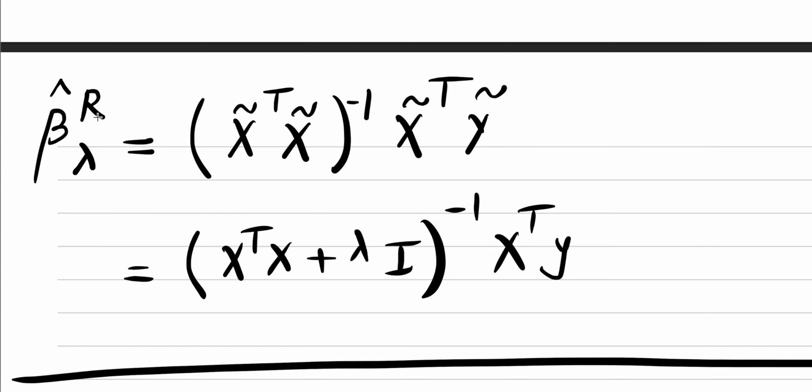So the ridge regression coefficient estimate beta hat is X transpose X plus lambda I inverse X transpose y. And when lambda is 0, we get back to the least squares estimate.